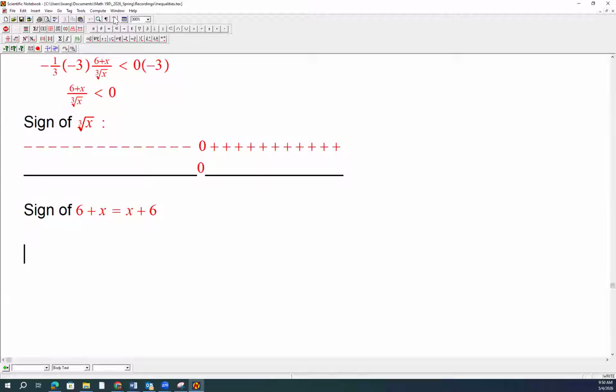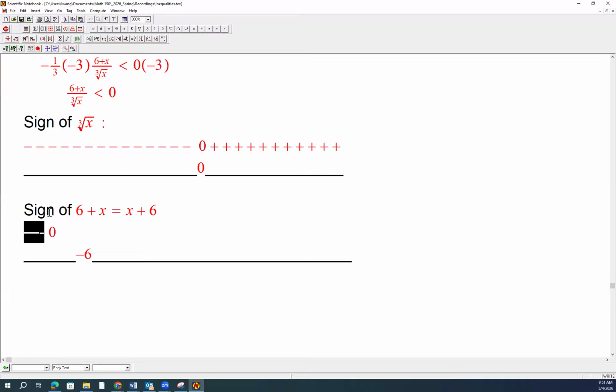So for this quantity, we have our number line. When x equals -6, 6 plus x is 0. For x less than -6, you pick a -7, that's going to be negative.